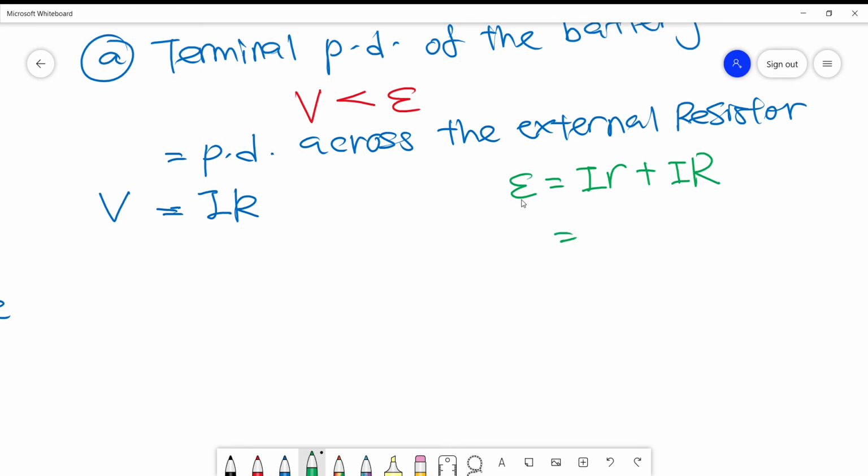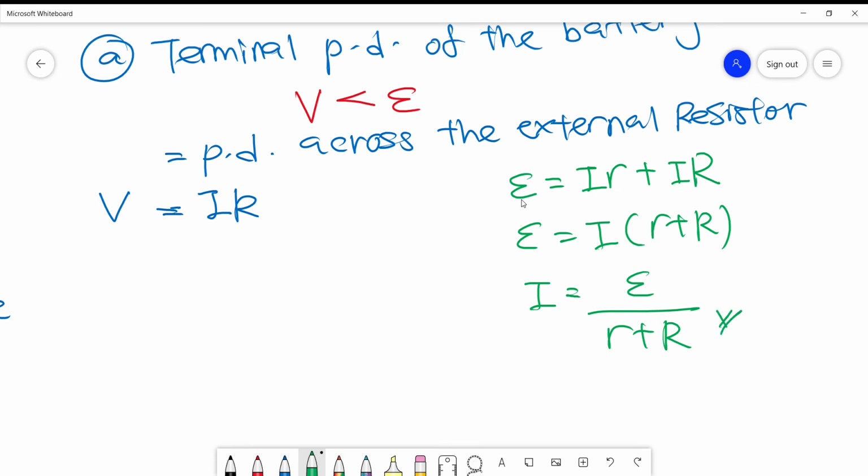If I factorize the I out, what I get is R plus r. So E is I times (R plus r), and I equals the electromotive force divided by R plus r. What we need to do is sub this current into this formula, so V is E divided by R plus r, multiplied by R.